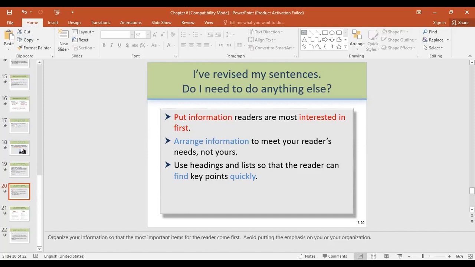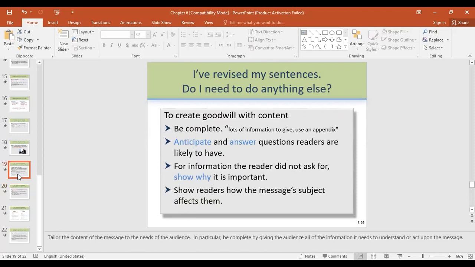Arrange information to meet your reader's needs, not yours. And also use headings and lists so that readers can find key points quickly.